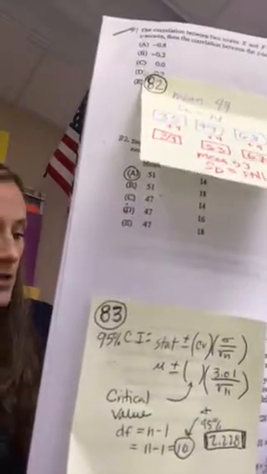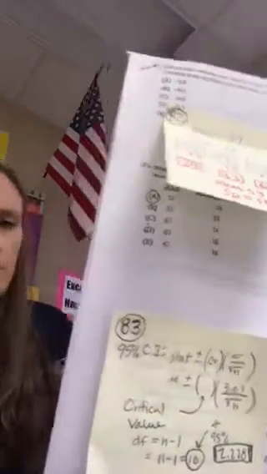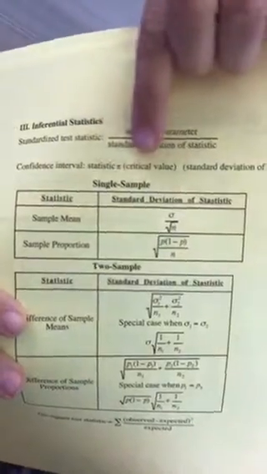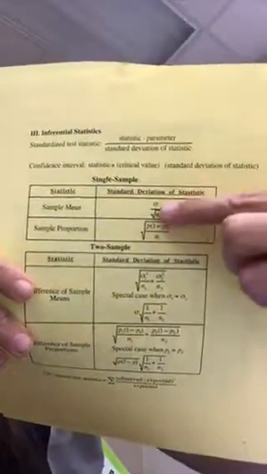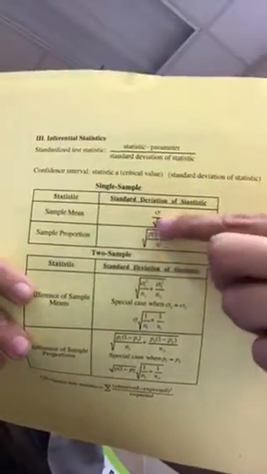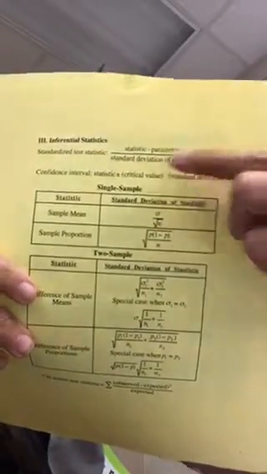This is right off of this formula sheet here. So you're like, what? That's on the formula sheet? Yep. Right off the formula sheet, the formula for a confidence interval is the statistic plus or minus the critical value times the standard deviation of this statistic. And then they tell you the standard deviation of the statistic is this or that, depending on if it's a mean question or proportion. So plugging in this here and looking in the table to get the critical value.